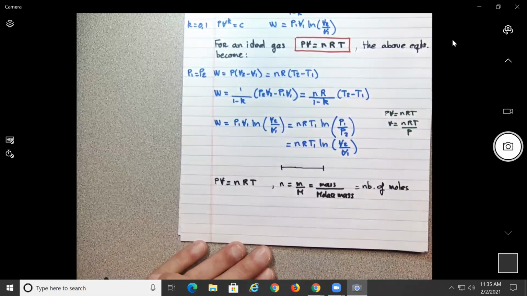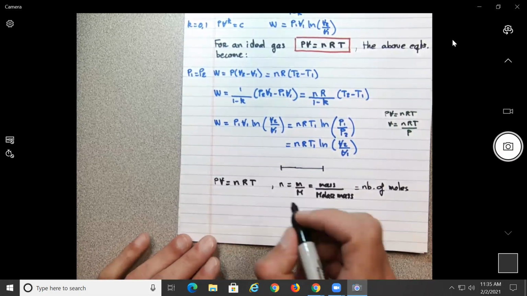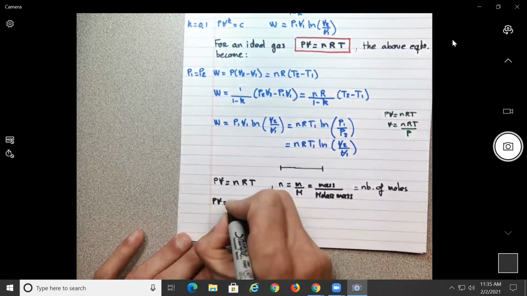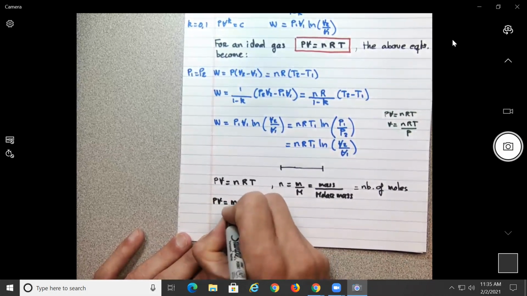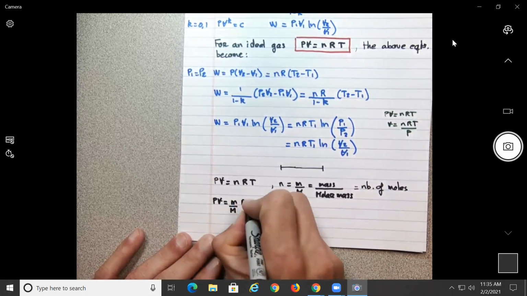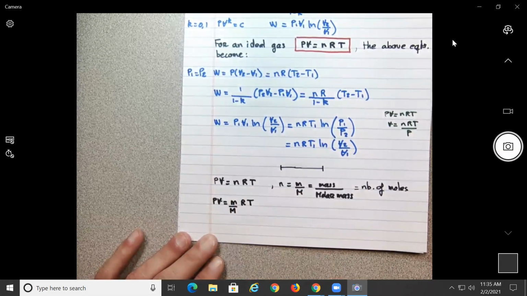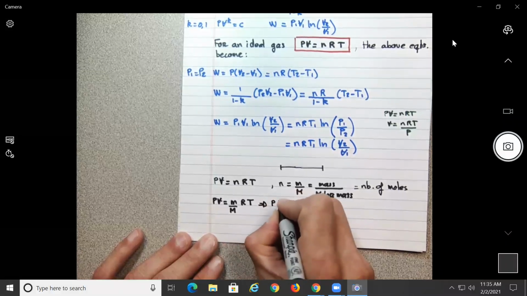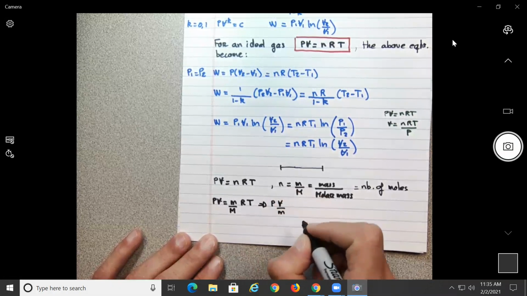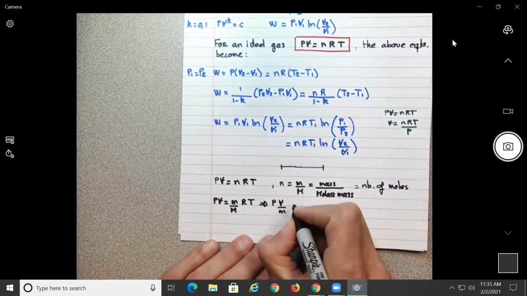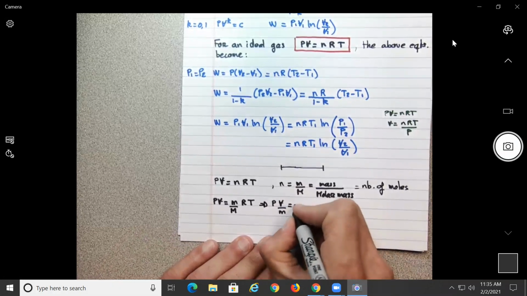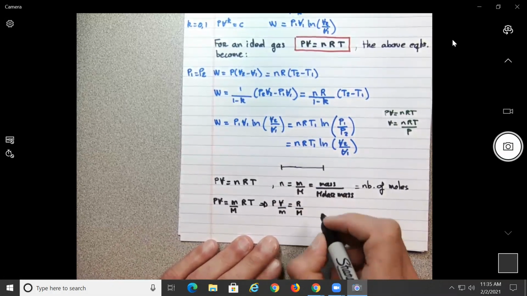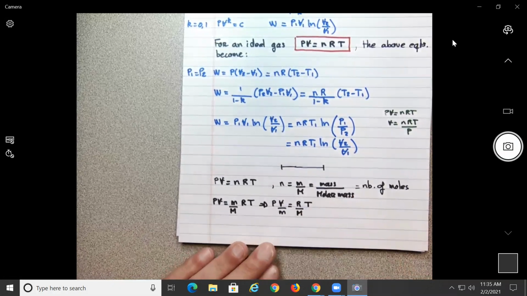All right? So we can write that equation here: PV equal to mass over molar mass, RT, or I can rewrite it as P V over mass equal to R over molar mass T.